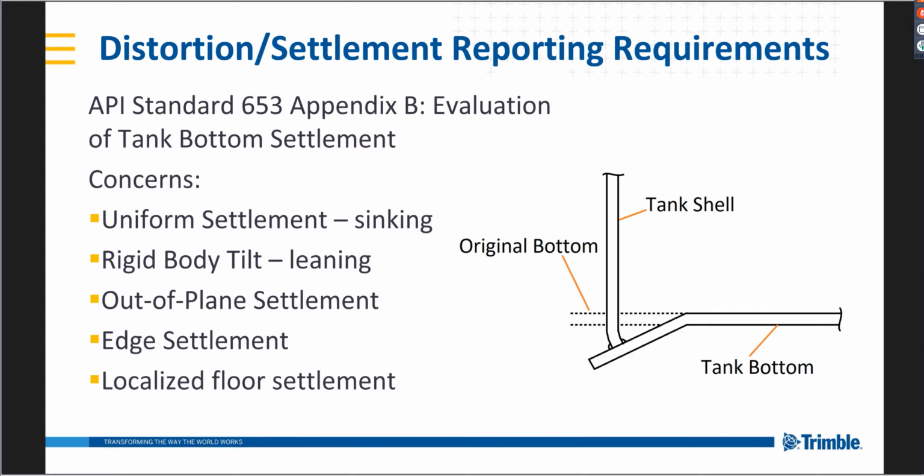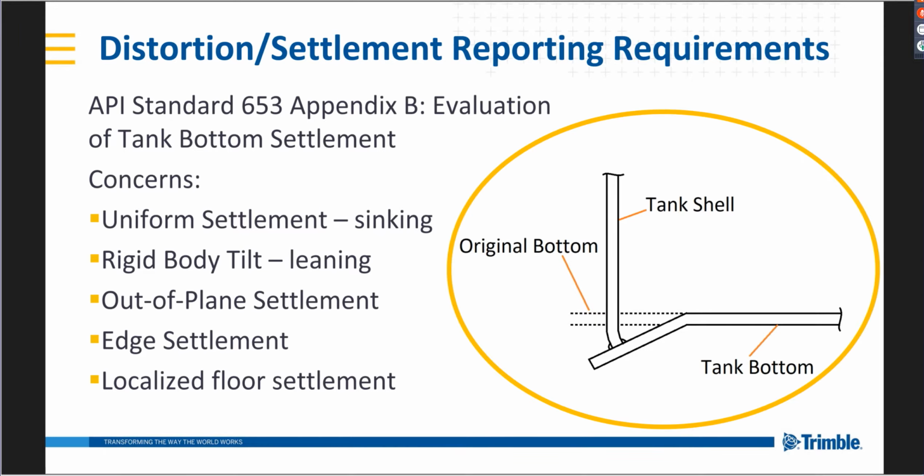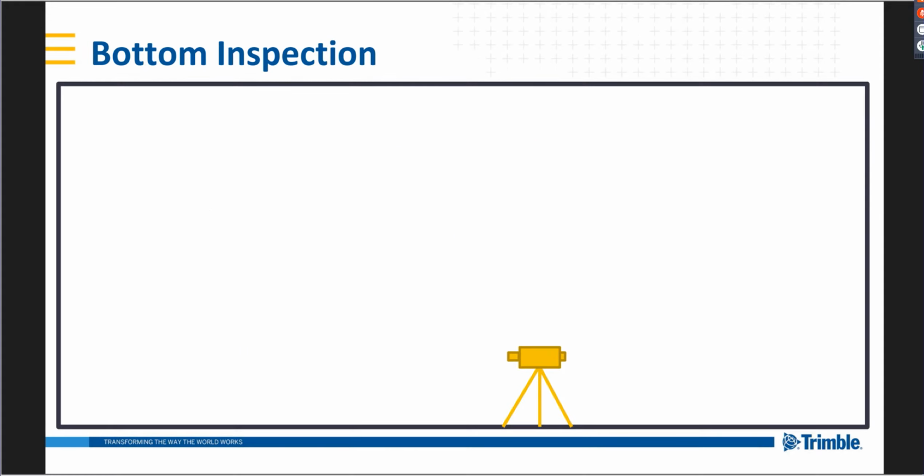But what you don't want to have is, if you look at the graph on the right, an area where it's bending too sharp, too close, and this will typically happen close to the edge of the shell, where the bottom meets the shell, and that could cause problems. So we've got tools that allow you to go in and analyze this.